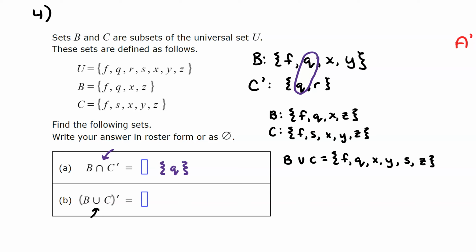But B union C was not my goal. I wanted the complement of that. So the complement has to do with what's left over, right? Everything else. So I'm going to go to my universal set, because those are the only things I'm allowed to write as answers.